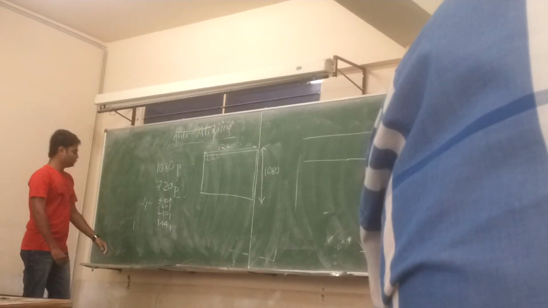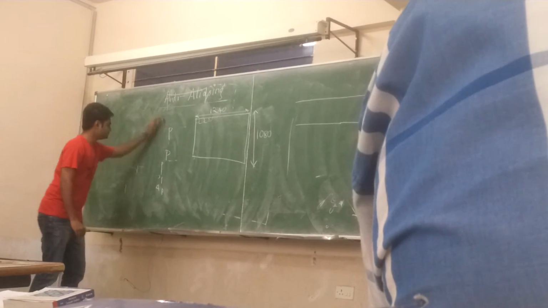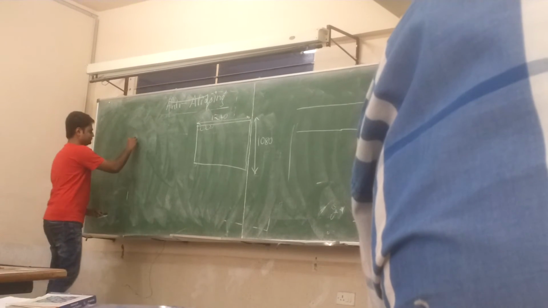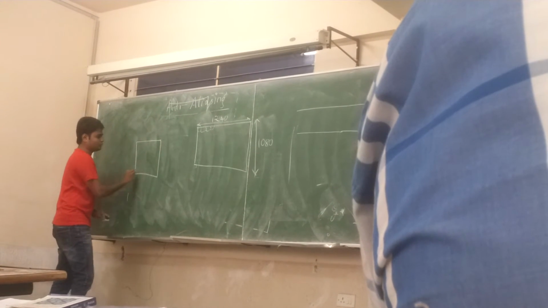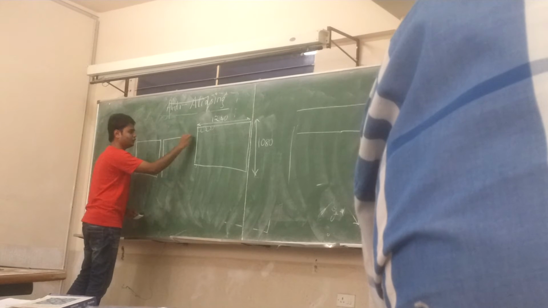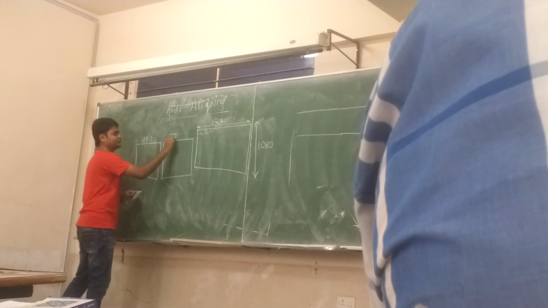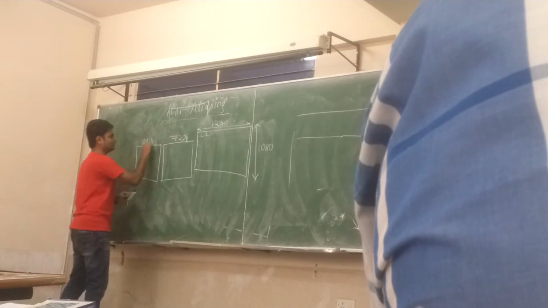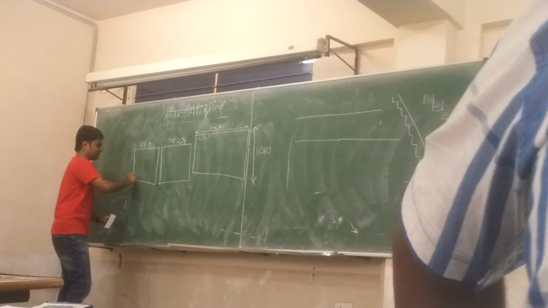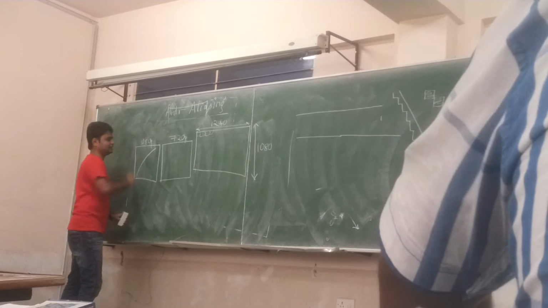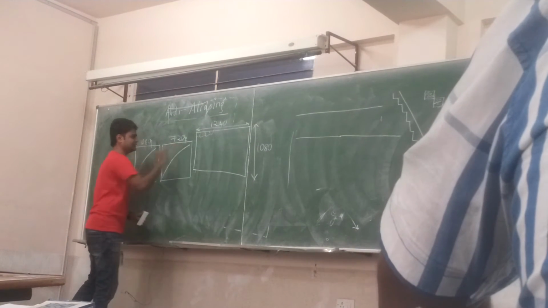For example, you take two screens, okay? One runs a video quality of 1080p and the other one runs a video quality of 720p. Now for example, you take a smooth line, say like that, and you take another smooth line like this.